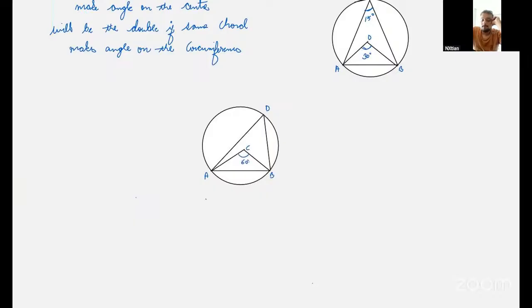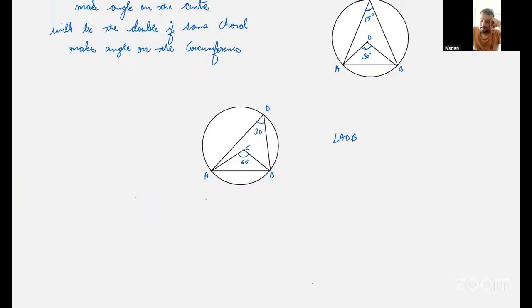Okay, so what will the angle on the circumference, the ADB angle, be? Tell me, guys. 30 degrees, sir. Yeah, half of it.